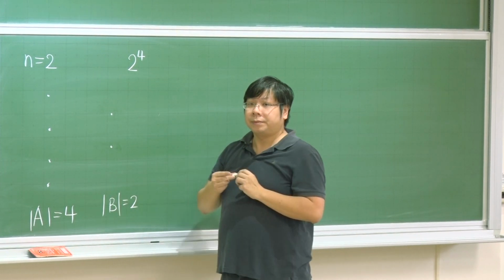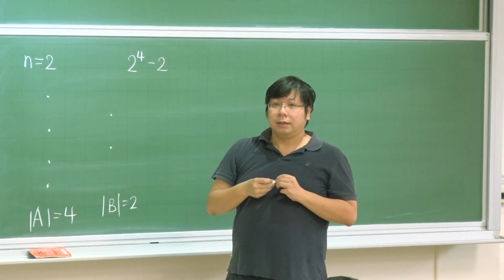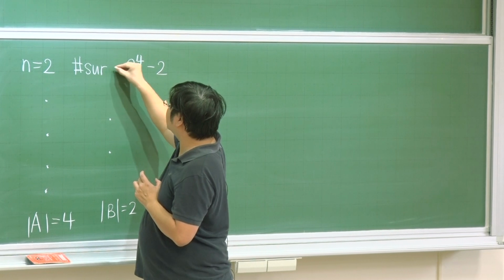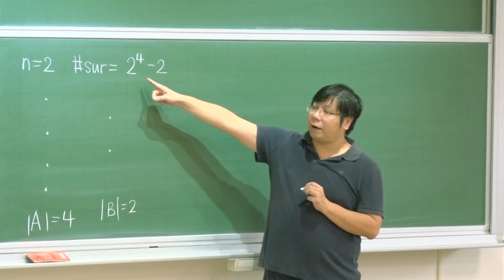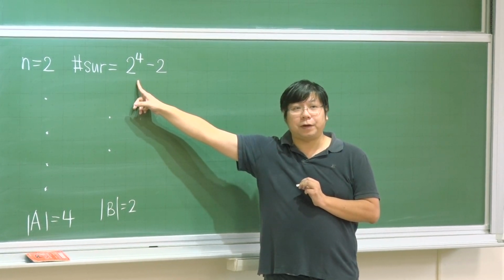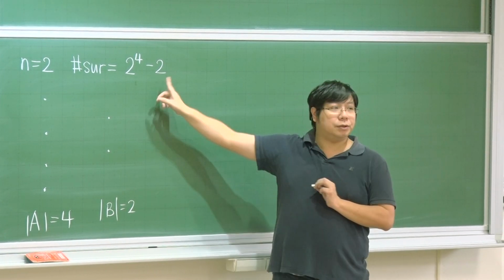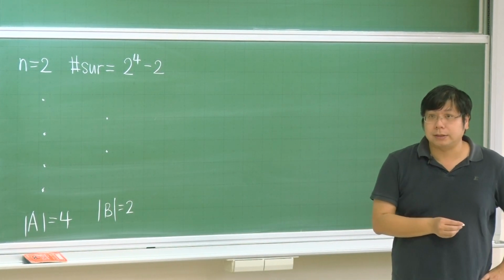So we need to minus 2. The number of surjections is equal to 2 to the power 4 minus 2. 2 to the power 4 is the total number of functions we can form, and minus 2 deducts the 2 functions that are not surjections.